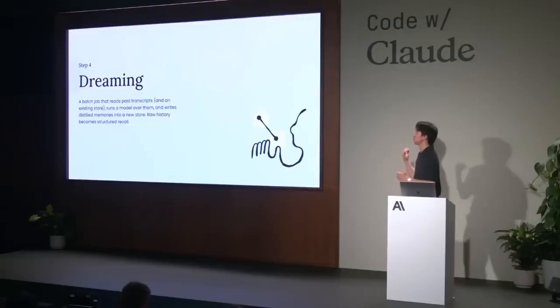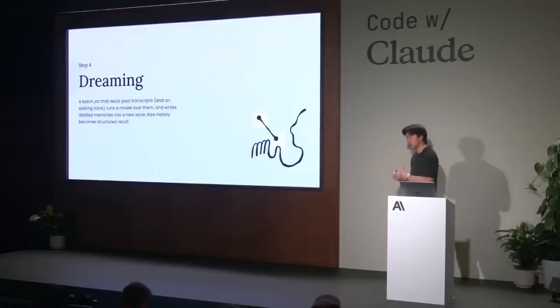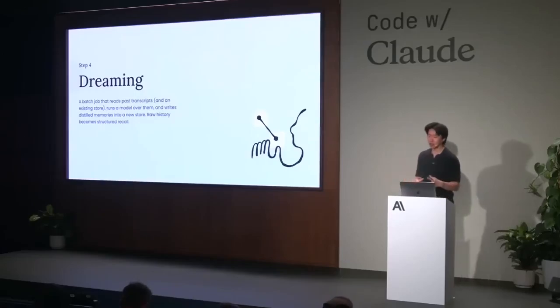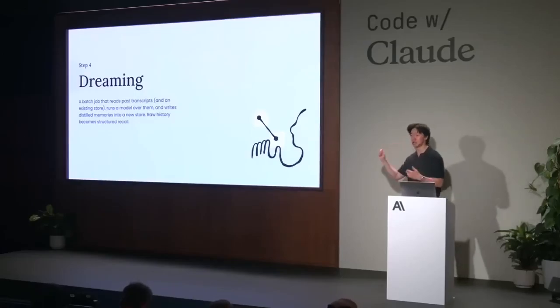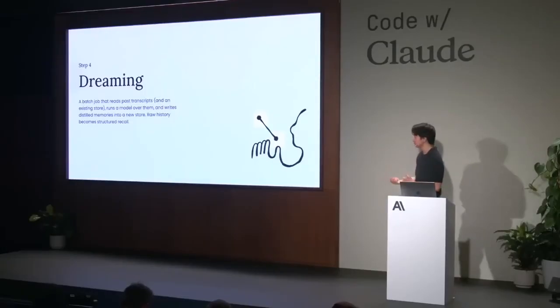It'll look through each one, doing fact-checking, enriching with additional details, maybe dates, specific identifiers, and then it will also organize those memory files and see if there's any duplicates, anything that it can fix. It will produce an output memory store such that in the future, when you attach that output to additional sessions, it will hopefully increase efficiency of information retrieval. It also hopefully increases the intelligence of the agent.